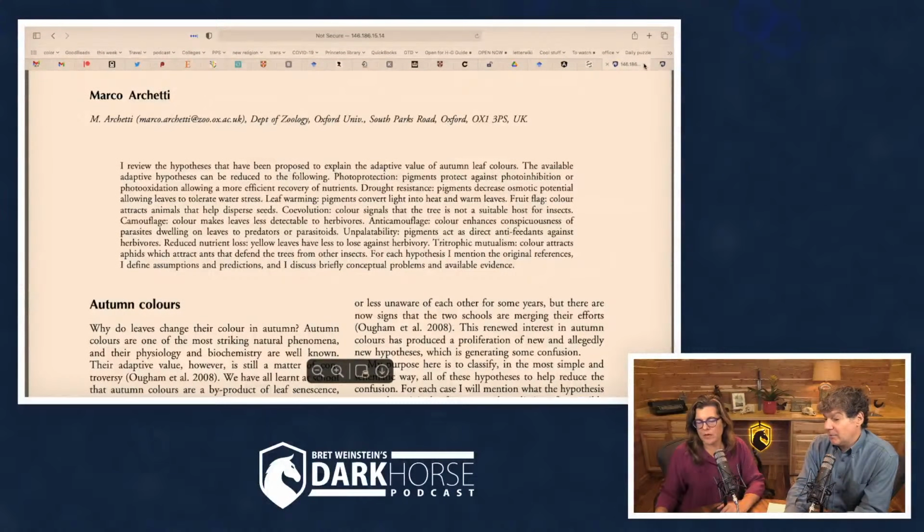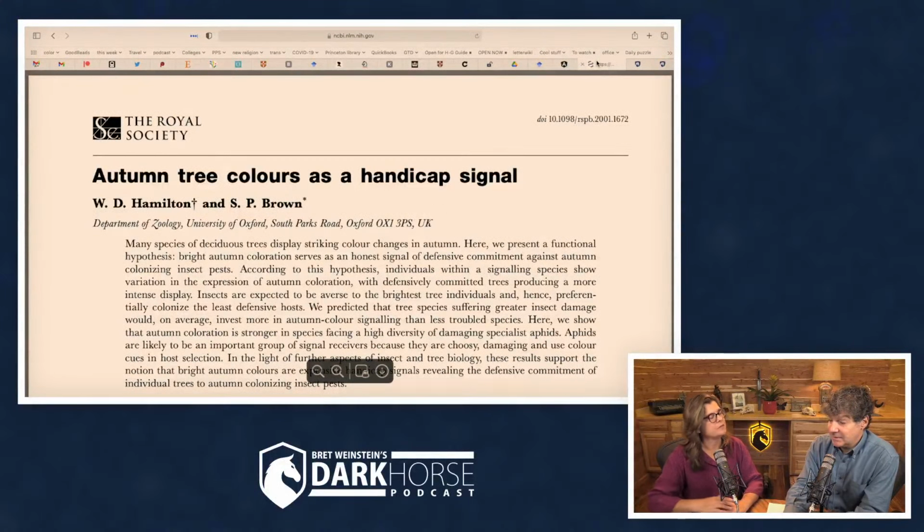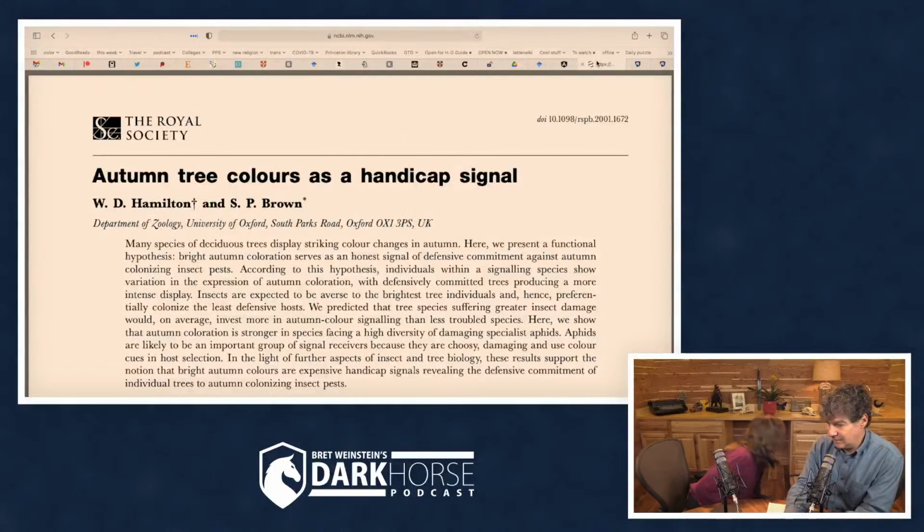But what he's really saying is honest advertisement, right? An honest advertisement of the presence of anti-insect compounds, which causes those insects to go elsewhere, makes sense both intra and inter specifically. No, handicap is confusing because handicap typically refers to the Zahavi handicap principle, which is a feature of sexual selection.